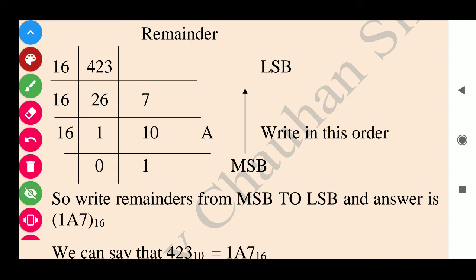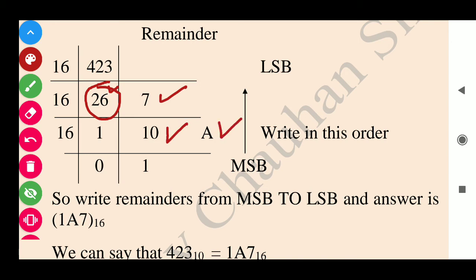So write your quotient here, and the remainder is 7. Then this 26 should be divided again by 16, and the quotient will come 1, and the remainder is your 10, and 10 is represented as A. We should write it this way.